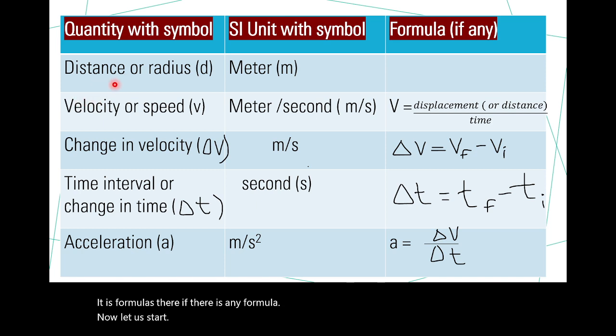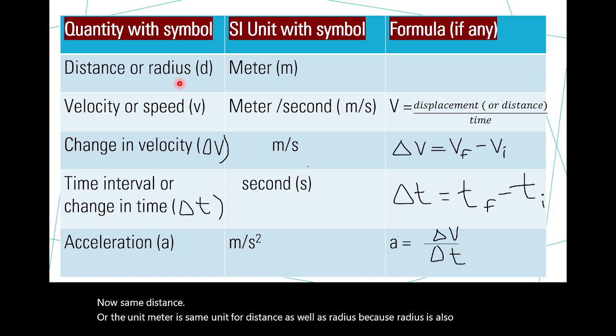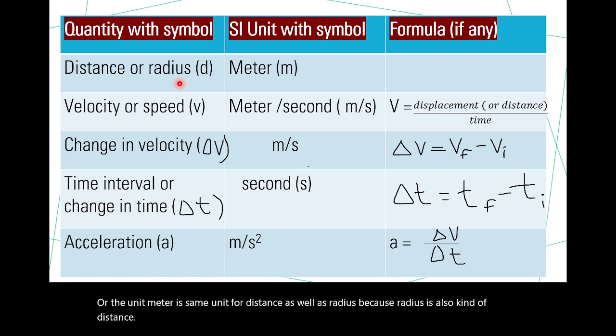The first quantity here is very easy, which is called distance. The unit of distance is meter, m. The same unit, meter, is used for distance as well as radius, because radius is also a kind of distance or length.